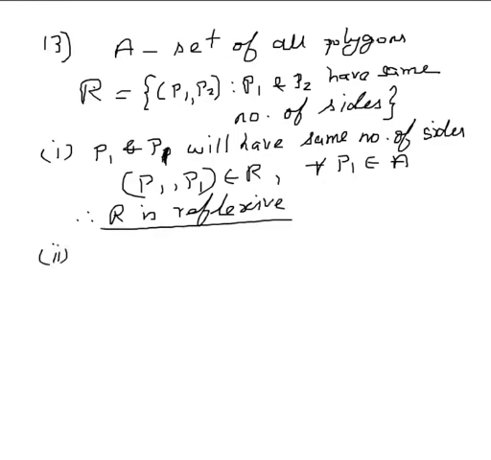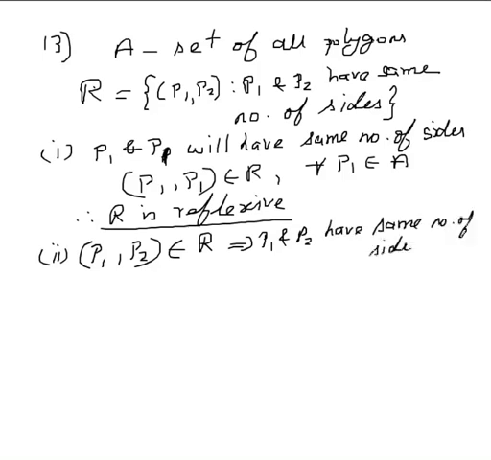Now the second condition, let us consider P1, P2 is an element of R, which implies P1 and P2 have the same number of sides. If P1 and P2 have the same number of sides, P2 and P1 also will have the same number of sides.